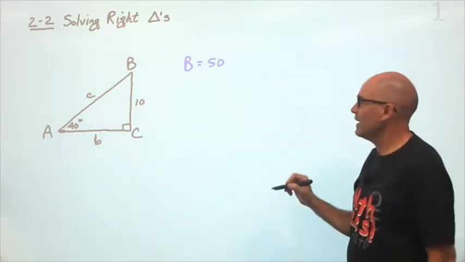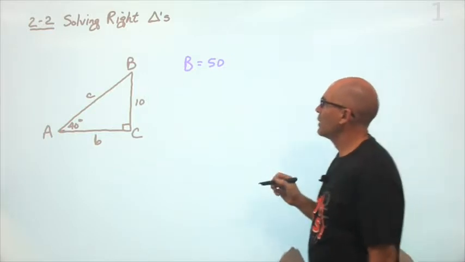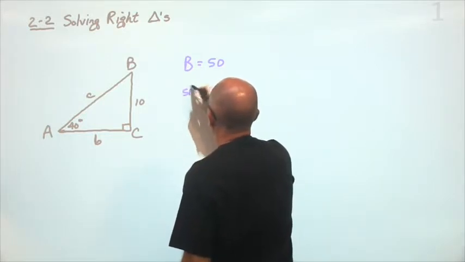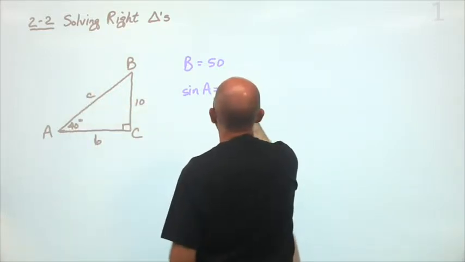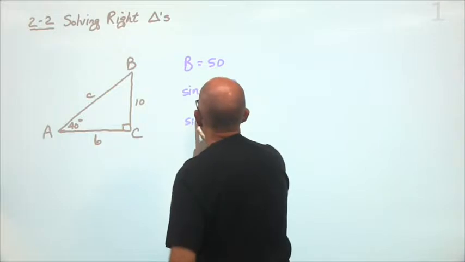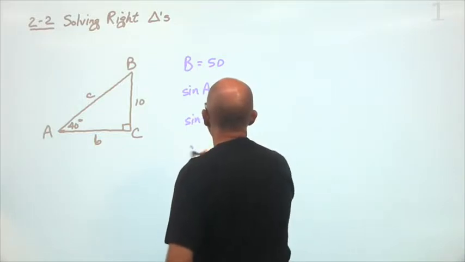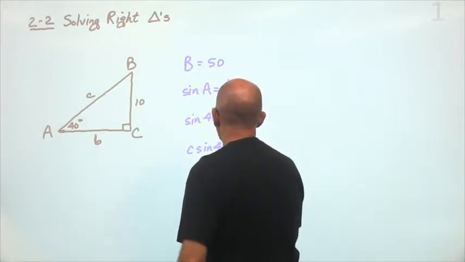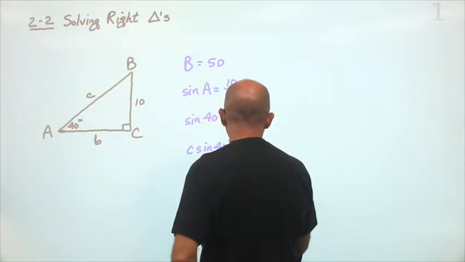Now, we need a trig function to be able to solve for side B or side C. So if I'm trying to solve for side C, then I know sine of angle A equals opposite over hypotenuse, so equals 10 over C. Well, I know that angle A is 40, so sine of 40 equals 10 over C. That means C times sine 40 equals 10, and that means C equals 10 over sine 40 degrees.